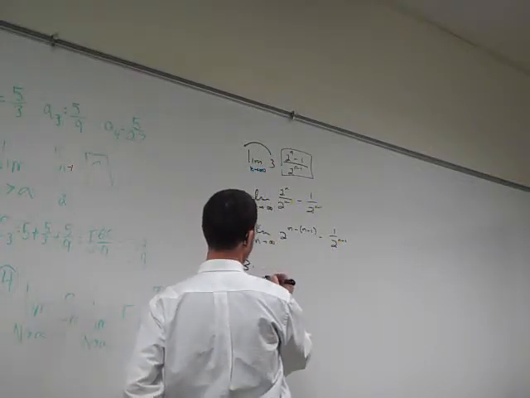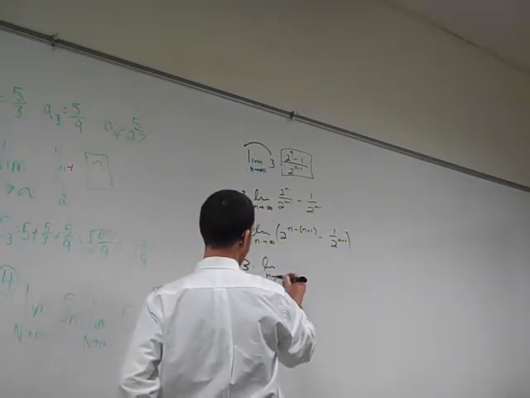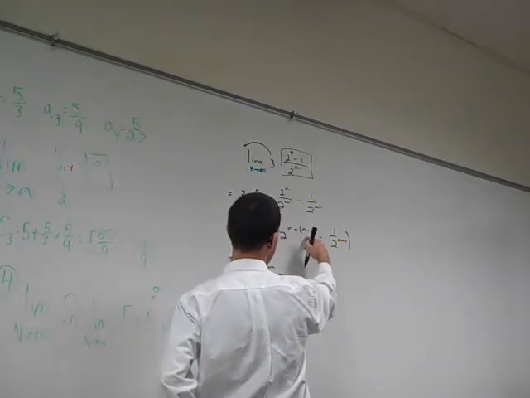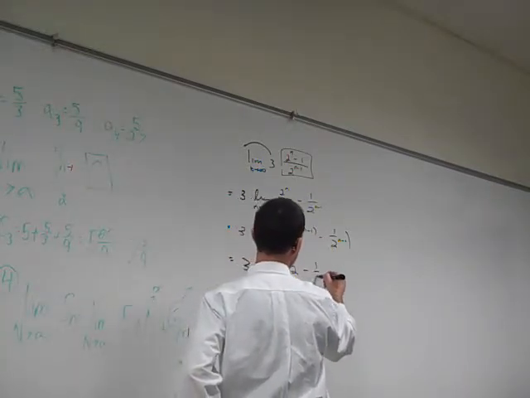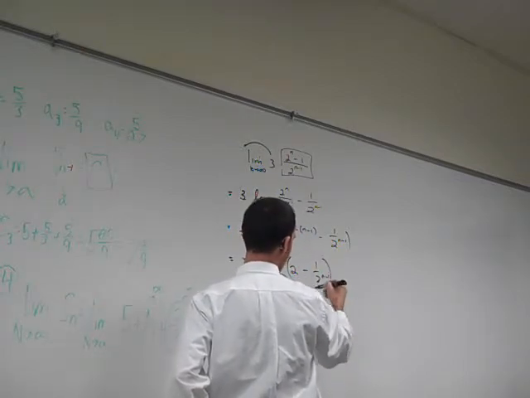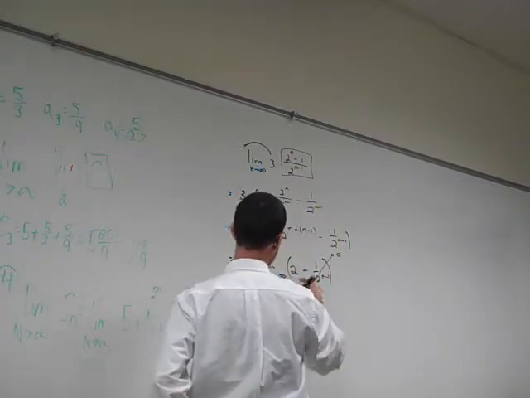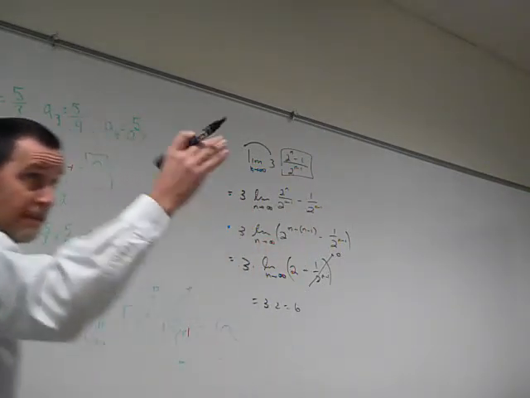So that's 3 times the limit as n goes to infinity. Well, n minus a negative 1 is just 2 minus 1 over 2 to the n minus 1. Well, this goes to infinity, so that part goes to 0. This goes to 2, so I've got 3 times 2, which is 6.